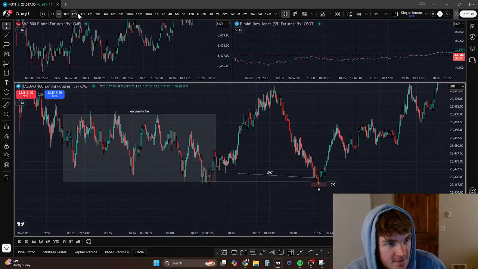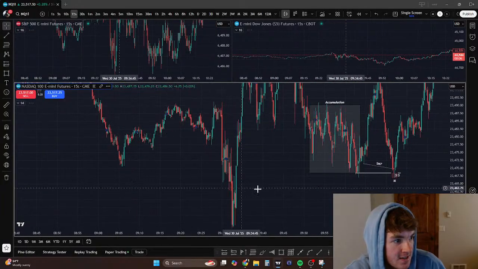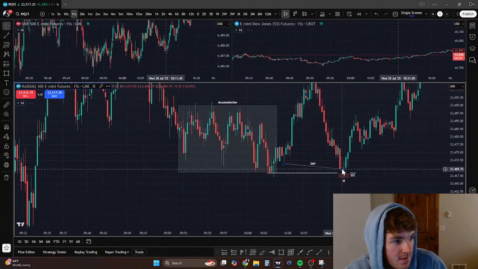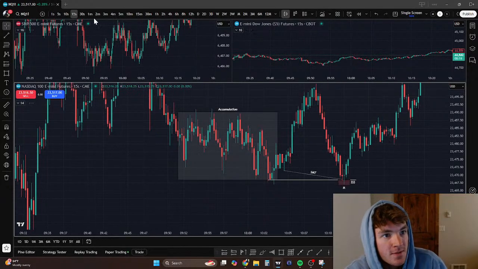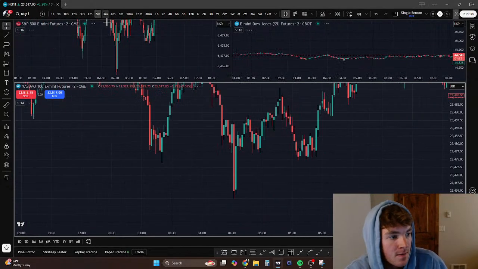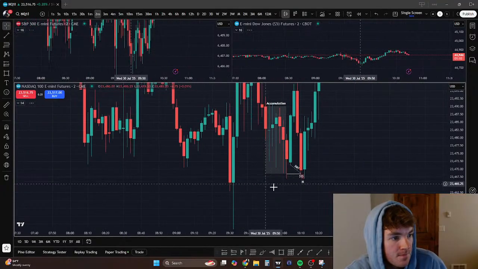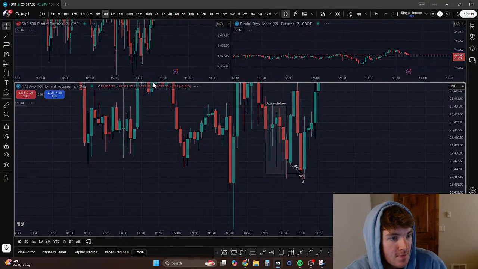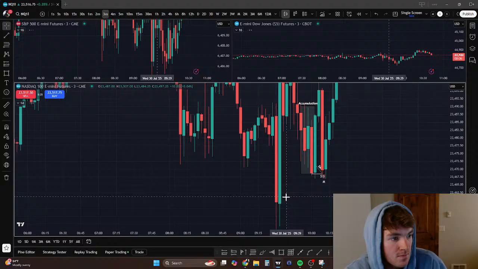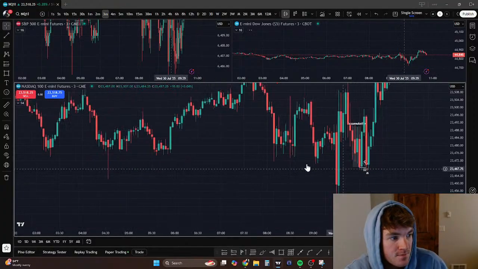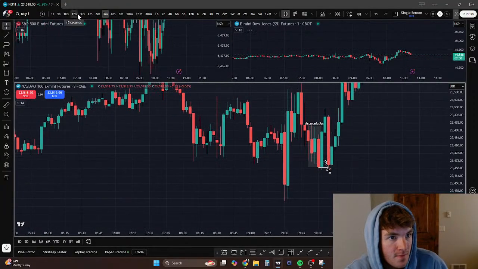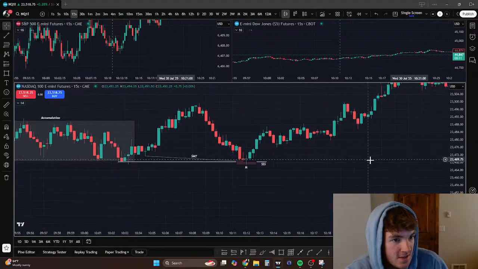Because this is probably a 15-second change of state of delivery. So what would probably align with the 15-second? Probably the 2-minute. Maybe the 3-minute. I don't know if there was a key level there on the 3-minute. But there was a 15-second change of state of delivery.